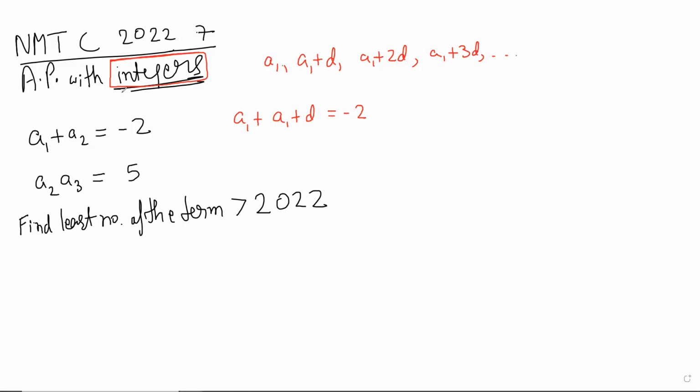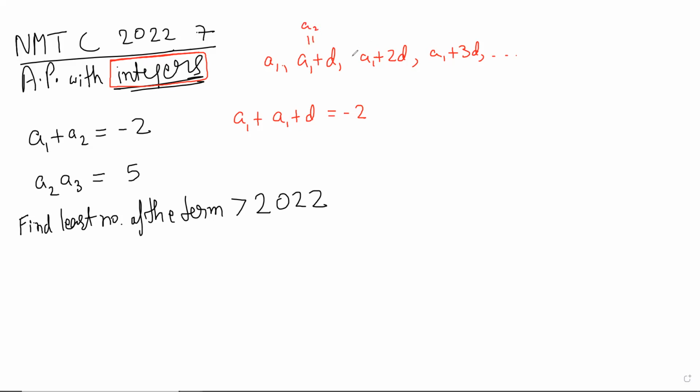Sir, we have to first find A1, A2, and A3. That may be the case, I don't know, but you can find it, I think. There is enough information. A2 is A1 plus D, right?